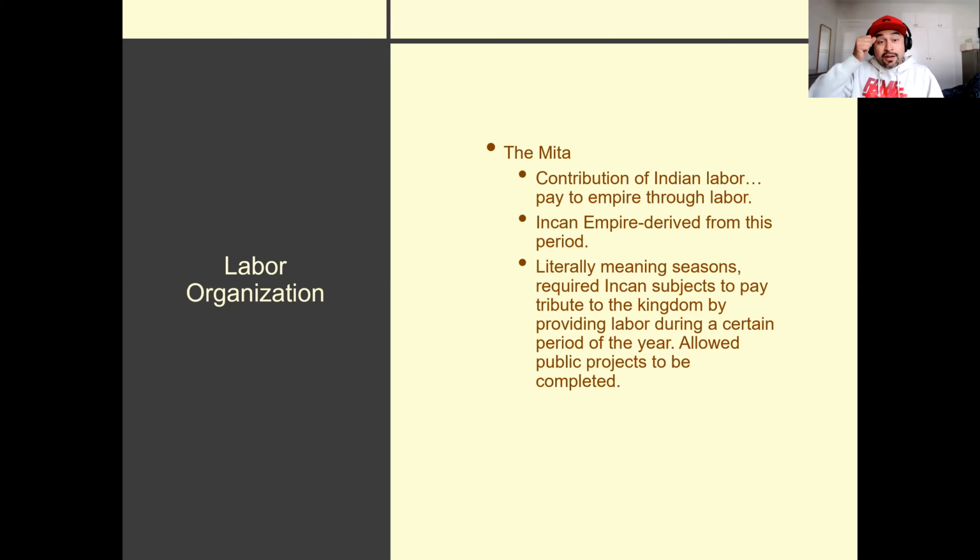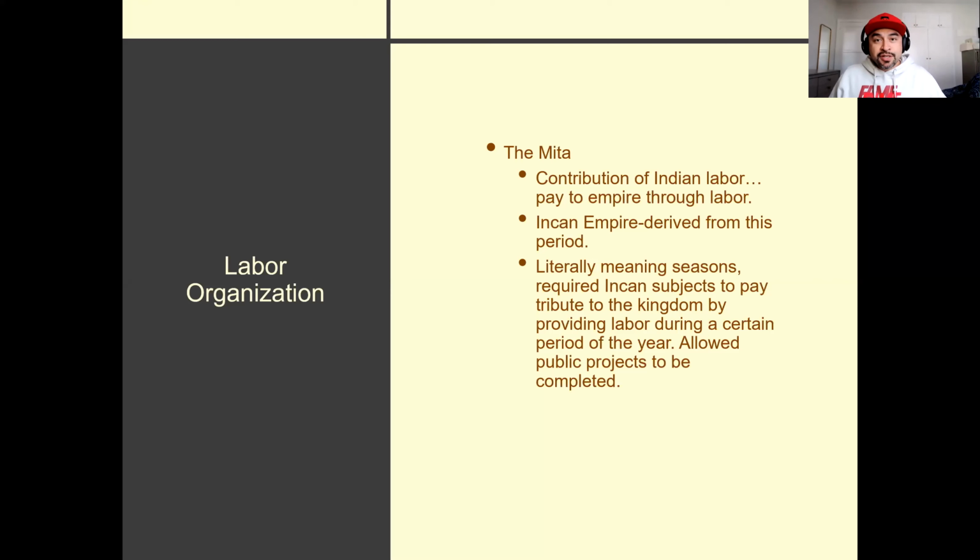One of the things that carries over is the way that labor is organized. One of the common practices in earlier pre-Columbian civilizations was to extract labor from each household. Subjects, those being ruled, the commoners, would send somebody to do work for a project that the king or those in power deemed necessary.